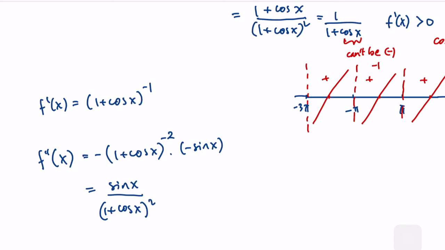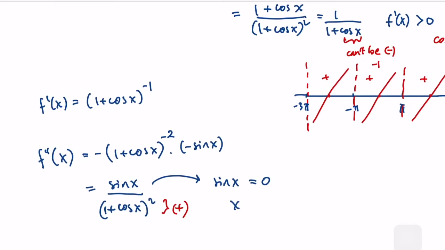Because the bottom here is a positive function, then for sine x, if we want to find the inflection point, when sine x is 0, x should be 0, right? So 0 will be an inflection point.